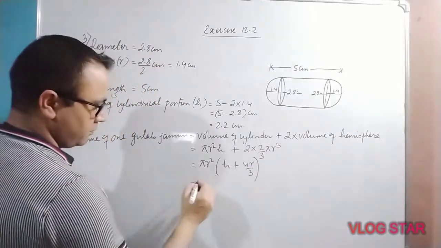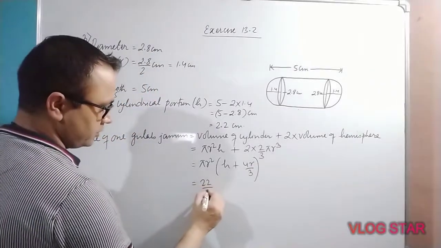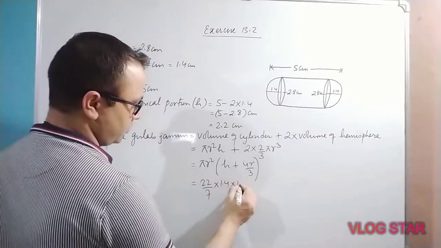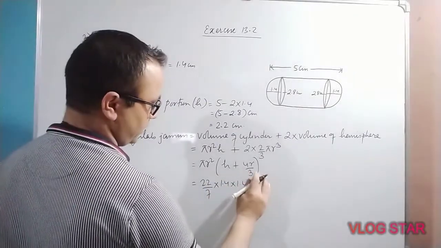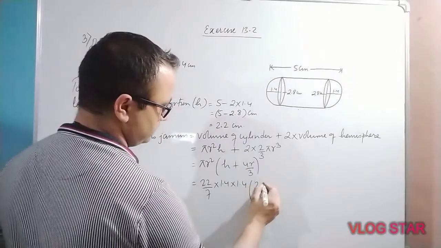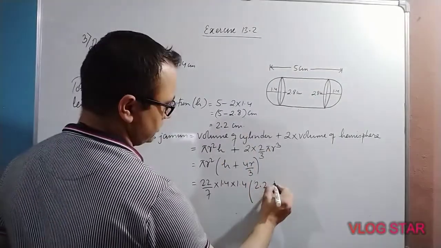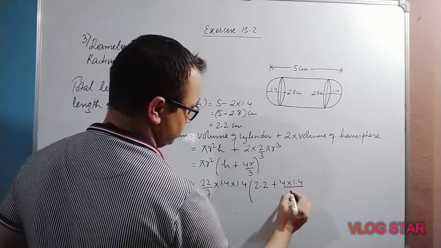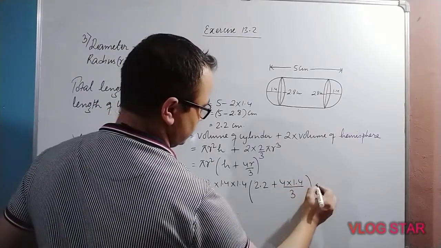Now put the value of pi, it is 22 upon 7. Radius is 1.4 into 1.4. The value of h is 2.2 plus 4 into 1.4 by 3 centimeter cube.